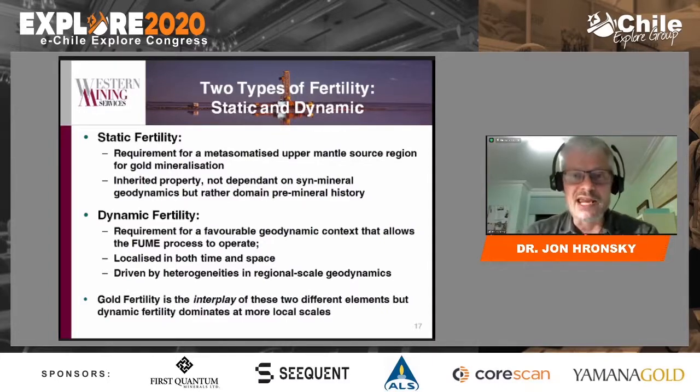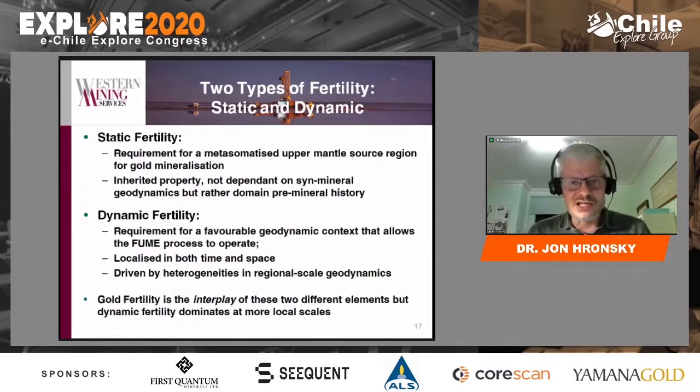So static fertility, what do I mean by that? That is actually the requirement for a metasomatized upper mantle source region, because that's what we need for gold mineralization. Now, the thing about this is it's an inherited property that is not dependent on syn-mineral geodynamics.